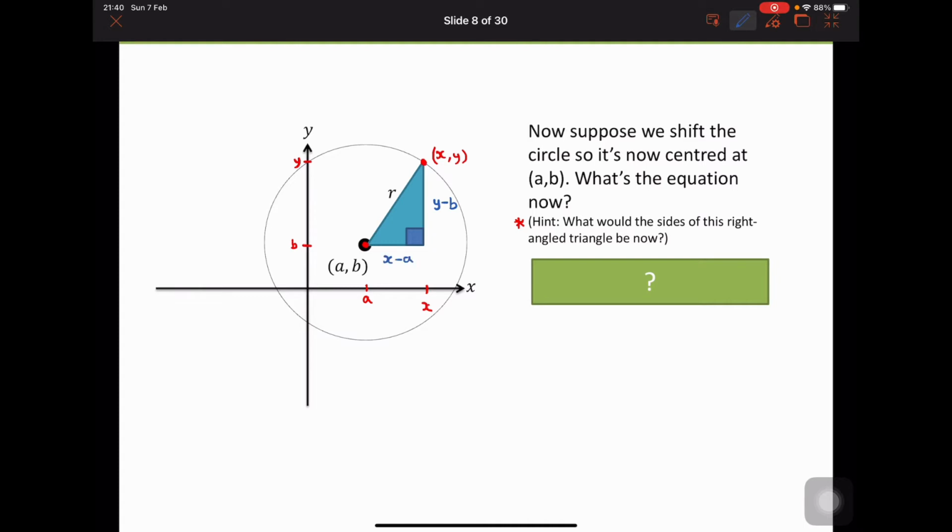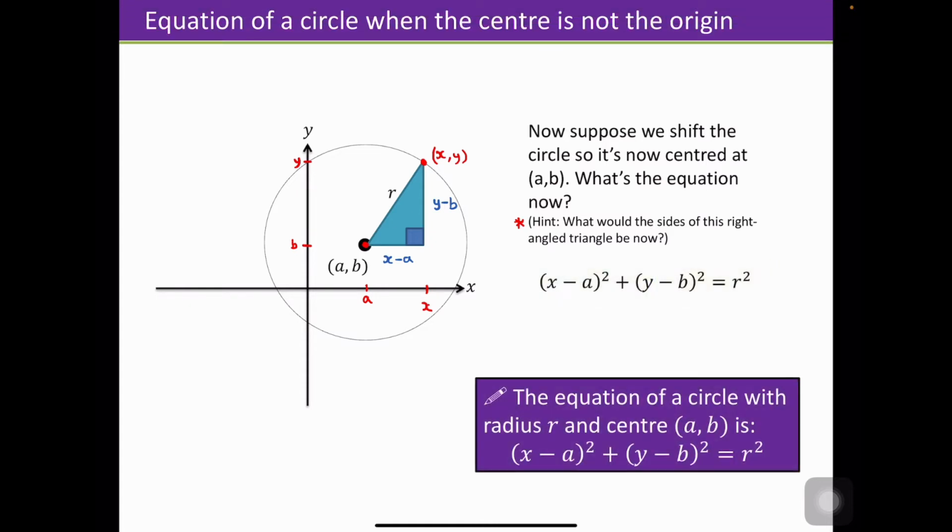So now using Pythagoras' theorem, we have (x take away a) squared plus (y take away b) squared equals r squared. Please could you write down the general form in your books? I am aware that you learned about this at GCSE, but it's really important to recap it now, as we will be doing some harder questions today, hopefully.